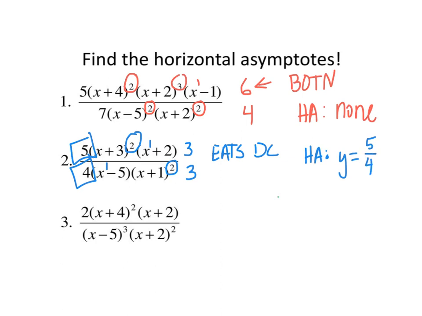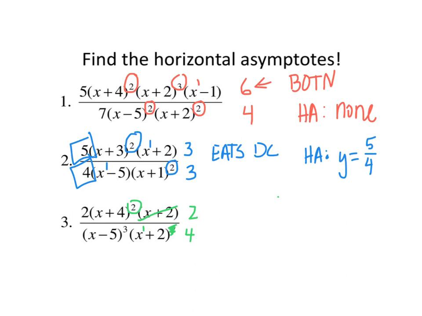Okay, on this last one, I want to mention that you can simplify this first and then do the horizontal asymptotes. You should get the same answer. Because like on this last one, notice we can cancel an x plus 2 from one of the x plus 2's here. So then if we look at our degree, the top is just 2, and our degree in the denominator is 3 and 1, which is 4.